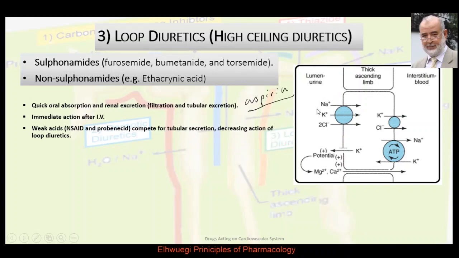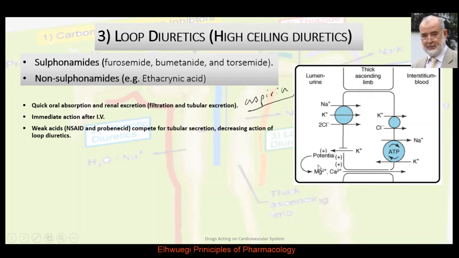Now, if we inhibit the sodium, potassium, chloride co-transporter, that means the absorption of these ions will not happen. As well, potassium will not leak into the urinary filtrate, and the positive potential will be lost. So calcium and magnesium will not be reabsorbed.